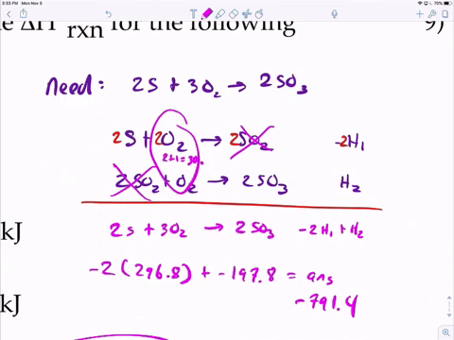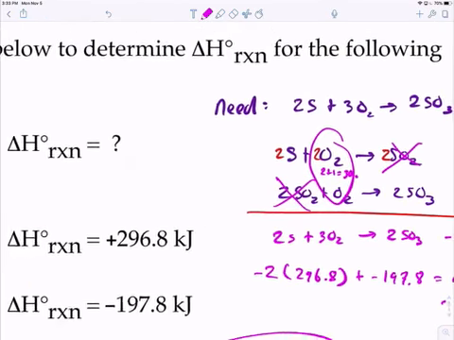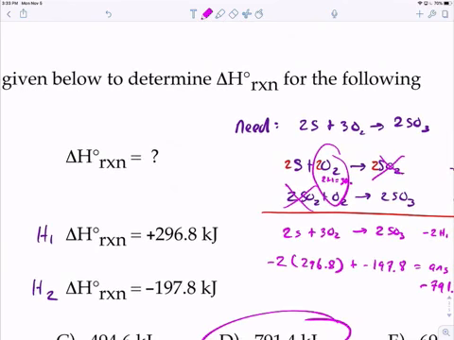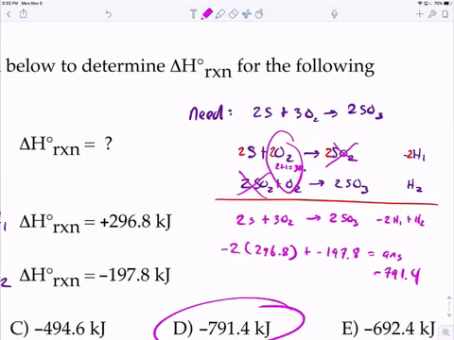So either logic will lead you to the right answer. Multiply the top one by 2, you add them together, and you get the equation that you wanted: minus 2 times the first enthalpy plus the second enthalpy. So we get minus 791.